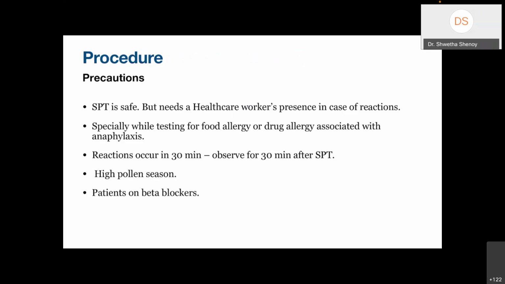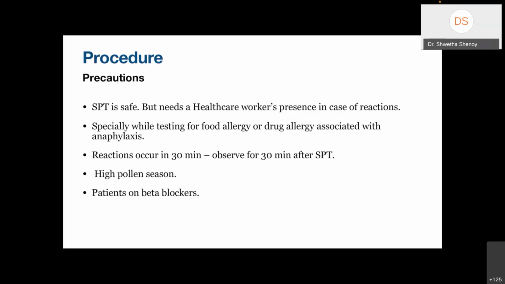Food allergy and drug allergy are very prompt with their anaphylactic reactions. So it is important that there's a healthcare worker, and suppose you need to resuscitate, you should be able to do it, and you have adrenaline ready on your cart. So yes, this is one thing about testing for food and drug allergy.